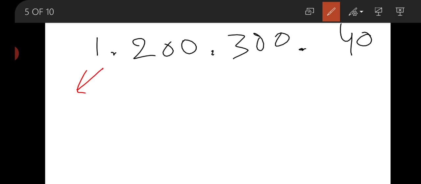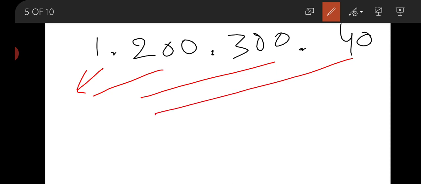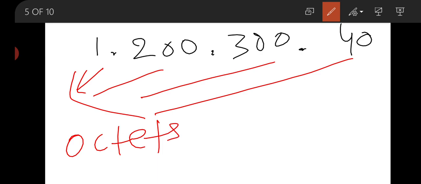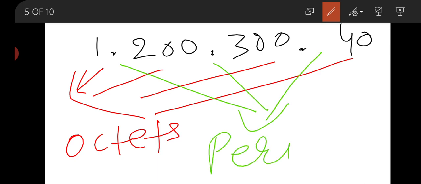Here 1, 2, 300, and 40 are the octets, and the 1 dot, 2 dot and 3 dot are called periods. Now they may be in binary format and decimal format.